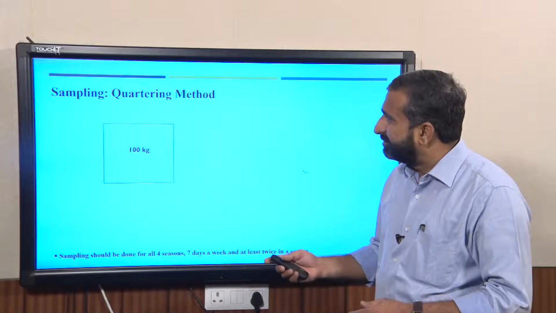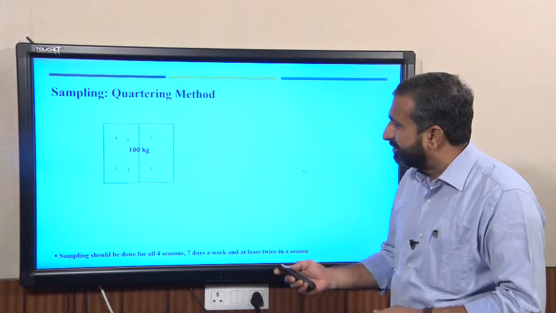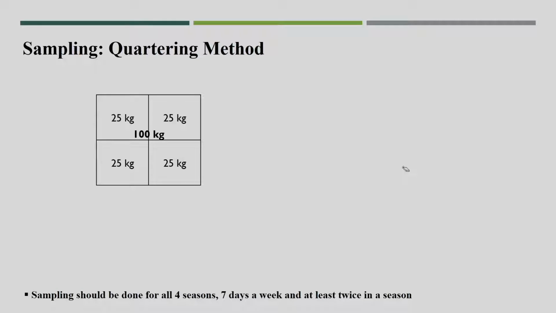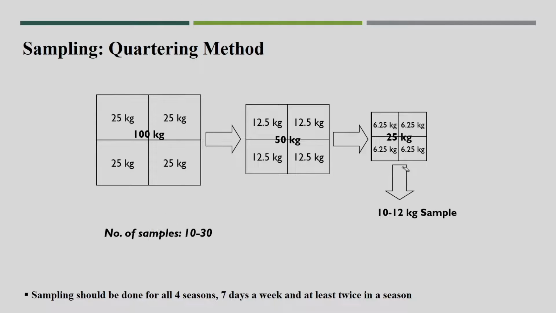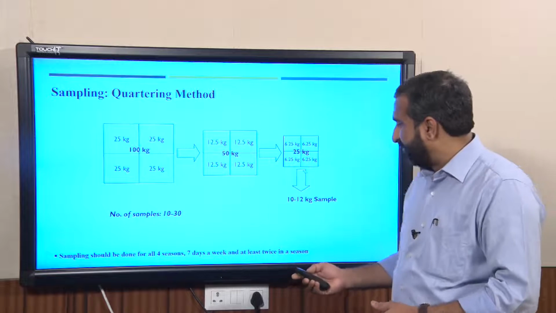I will give one example. Suppose we put 100 kg of waste like this, and now we go for the quartering method. We divide the entire waste into 4 quarters, and take 2 quarters and again put them together in the same way, giving about 50 kg of waste, and likewise we keep quartering the waste, and finally we get almost 10 to 20 kg of waste, which is the final sample.